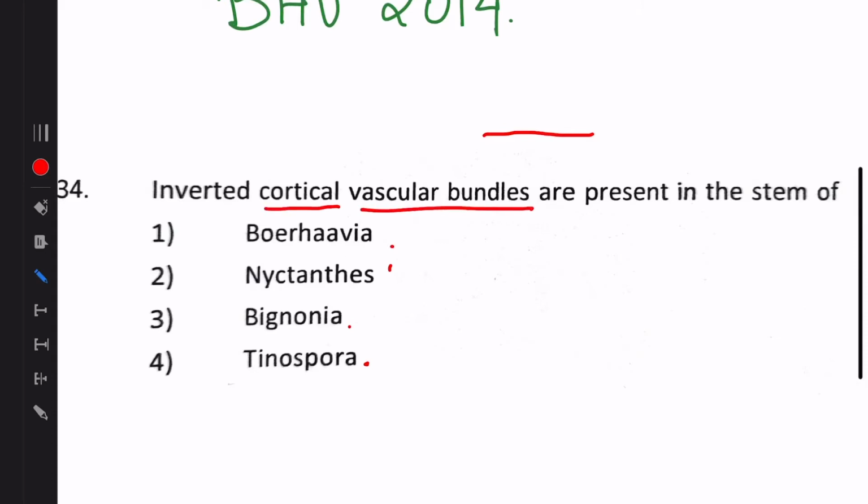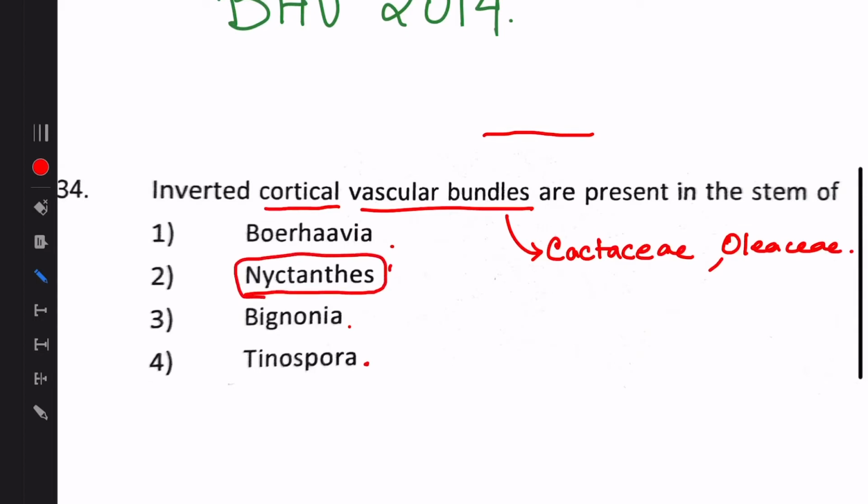Cortical vascular bundles are not usually found. They are abnormal vascular bundles found in families like Cactaceae and Oleaceae. And from the options, Nyctanthus belongs to the family Oleaceae, and the answer will therefore be Nyctanthus.